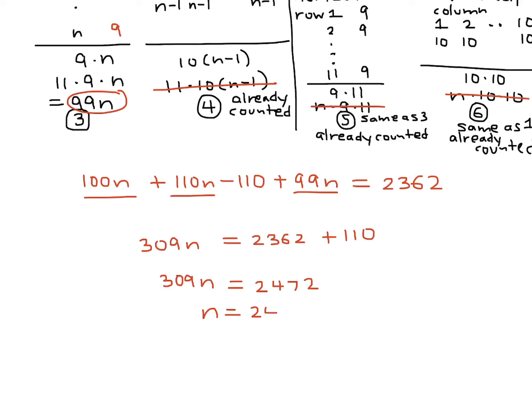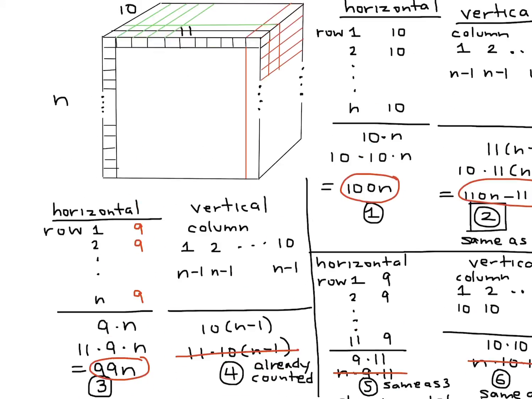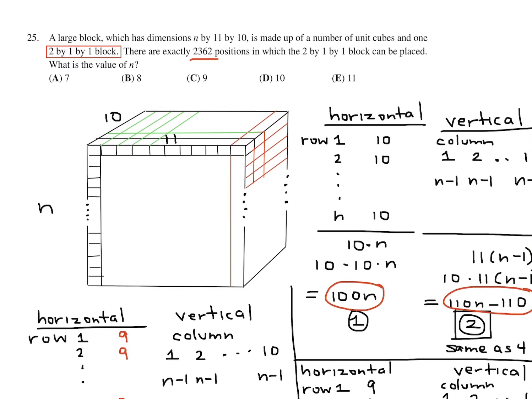And n is 2472 divided by 309. And if this is not an integer, I give up. But fortunately it is. It is 8. So actually it's a little bit smaller than I had thought it was. No problem. Number 25 is 8, and therefore the answer is B.